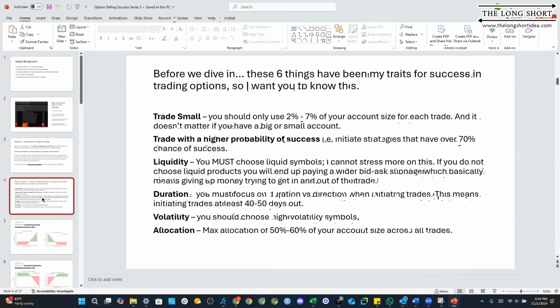Each strategy should only contain 2 to 5% of your maximum account size. That's our go-to, we don't trade more than that. We trade with a higher probability of success, and I will show you how to do that. Liquidity is also king in this market. To learn options trading successfully, a lot of you basically started this journey like I did.